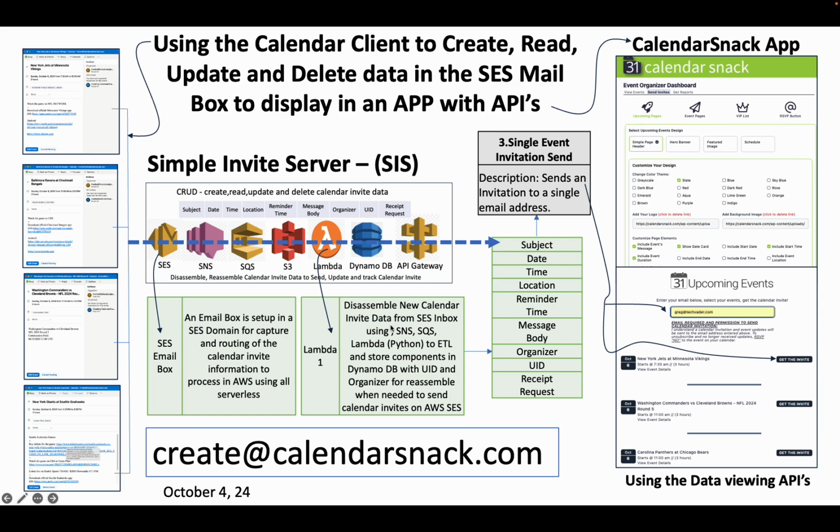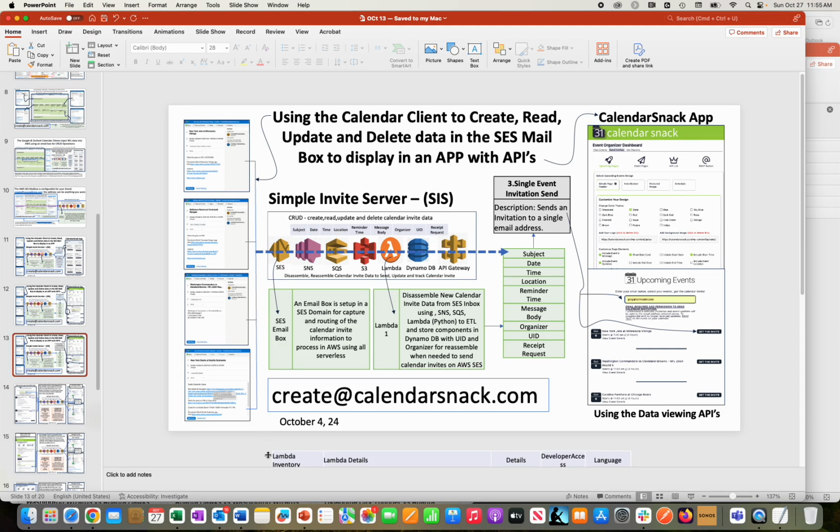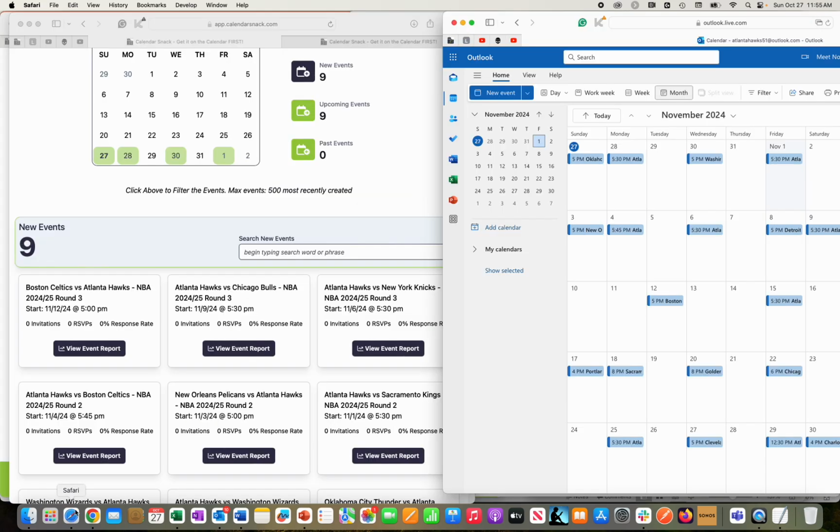We disassemble the new calendar invite data from that box, and we use a bit of standard tooling, including SNS, SQS, and Lambda to ETL, essentially extract, transform, and load those components with the UID with Lambda Python code into DynamoDB, and those UID events are ready to send upon being summoned in any of our techniques to send the calendar invites on our calendar server stack on AWS. So that said, let's just jump into the demo part.